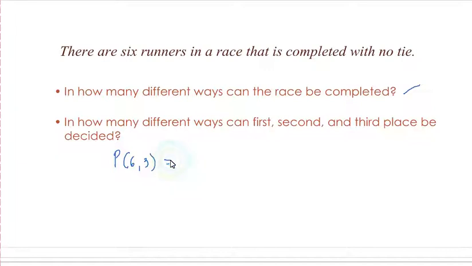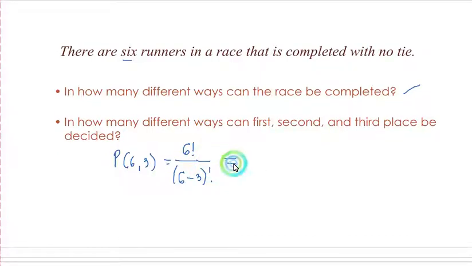Sa numerator, pila tanan ang possible option, we have 6, so 6 factorial over, sa denominator, pila ang possible nga magdaog, we have 6 minus ang grouping mo 3, we have 3 factorial. So we have 6 factorial over (6 minus 3) factorial.